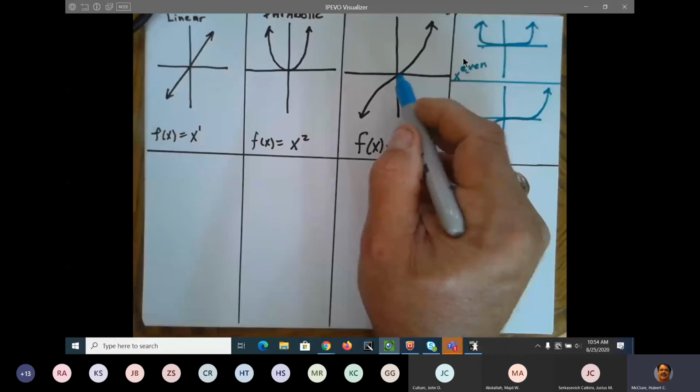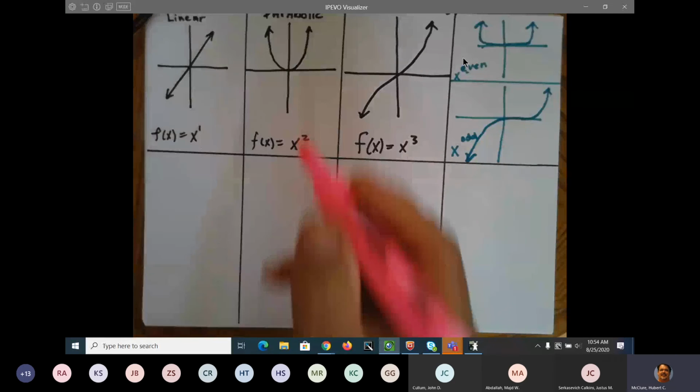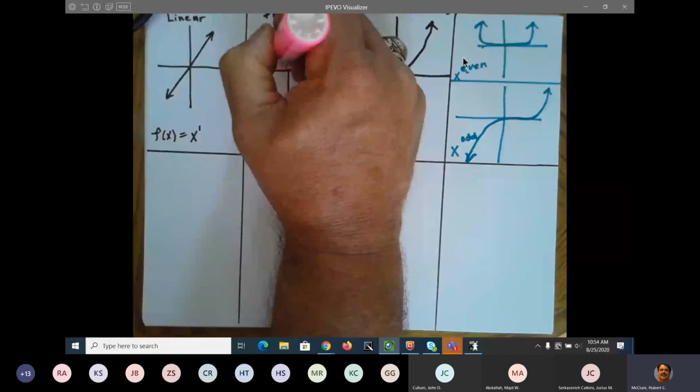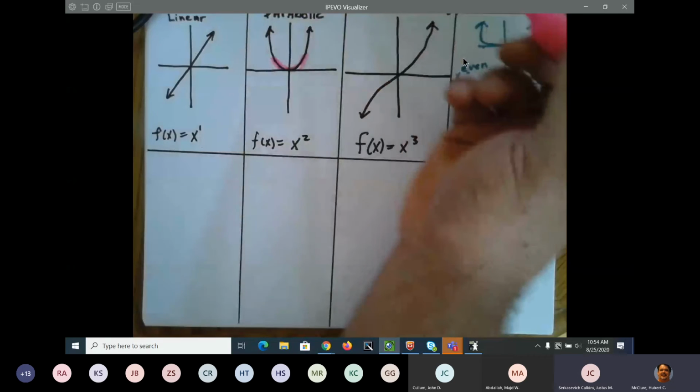So when you're talking about an even function or an odd function, take your highlighter out. I'm going to do pink highlighter. That highlighted area is going to change right here.